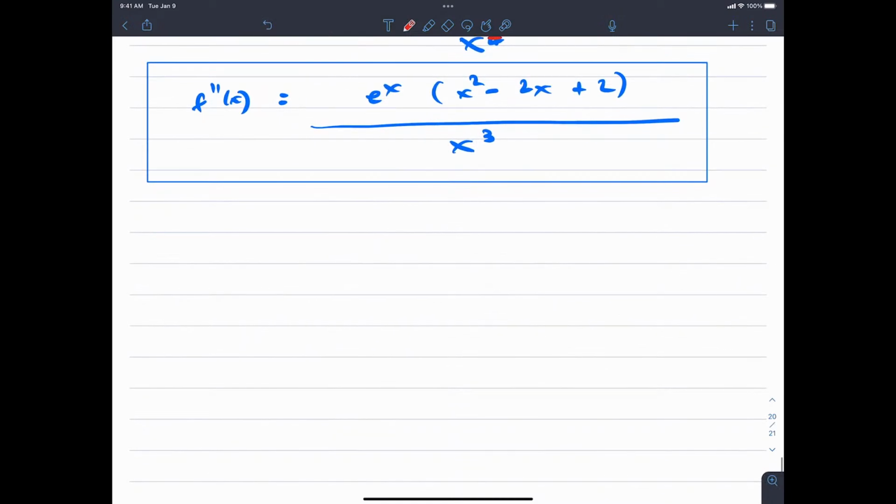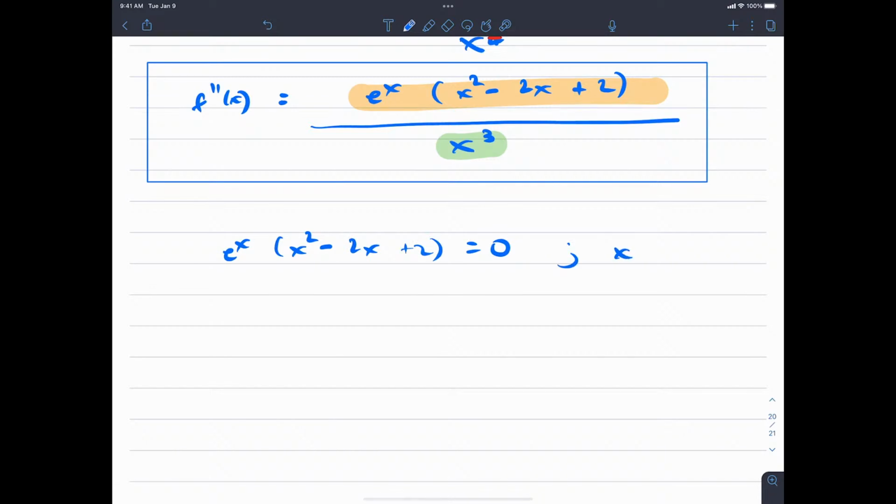Okay, so for the sign analysis, remember now you have a numerator again and you have a denominator. You set them both equal to 0, right? Numerator, denominator. So if I set the numerator equal to 0, we have e to the x times x squared minus 2x plus 2 is 0, and then we have the x cubed is what? 0.